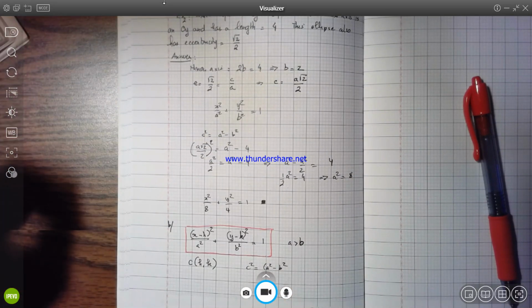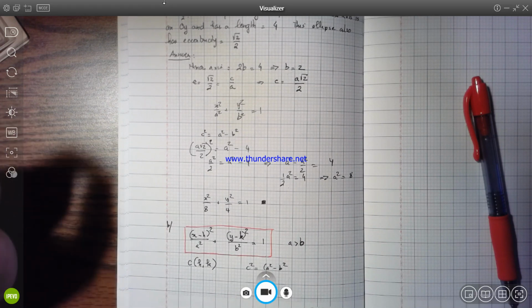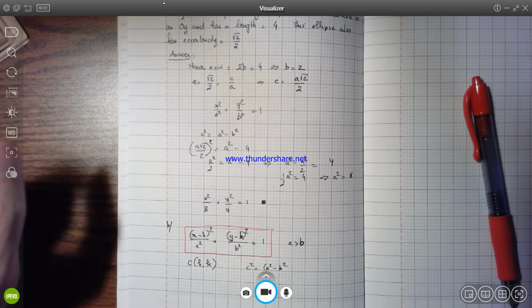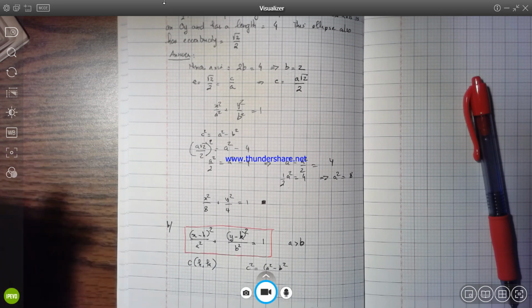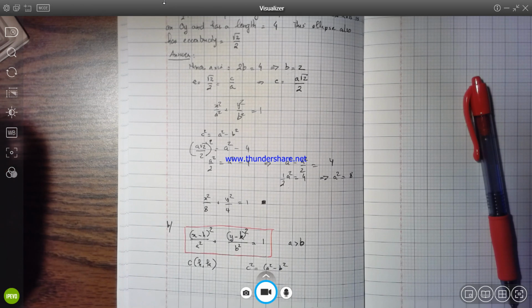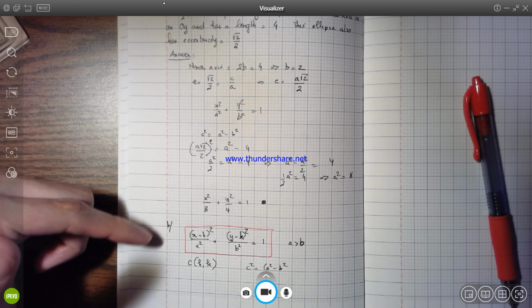However, you have to be careful with the coordinate of the vertex and the coordinate of the foci. I'm not gonna put the formula over here because I don't want you to memorize the formula every time you're dealing with an ellipse whose center is not origin, because I don't want you to learn mathematics by routine.